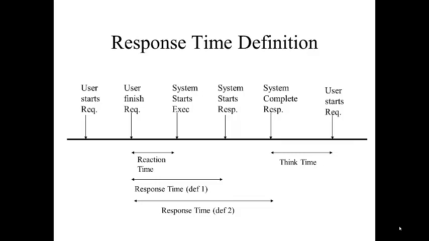The response time definition 1 is when the user finishes the request to when the system starts the response. And the response time definition 2 is when they finish the request to when the system completes the response. So again, you have to be careful in terms of indicating exactly what you are defining with response time. And think time, of course, is after the system completes its response and the user starts another request.